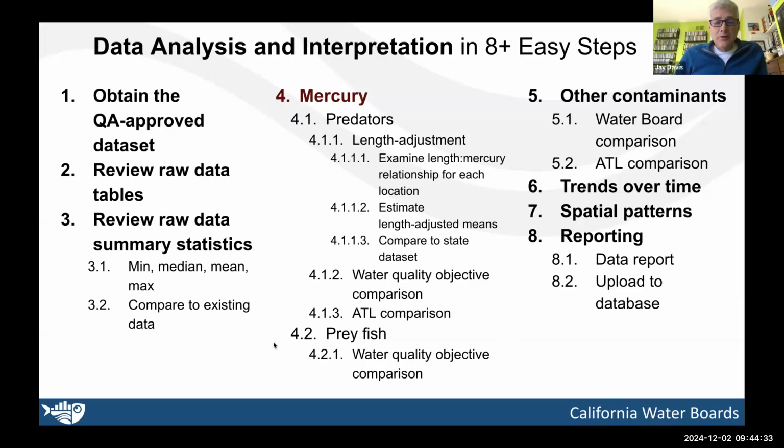Mercury is the bioaccumulative pollutant that's causing the most widespread problems in California, exceeding water quality objectives from the Water Board and advisory tissue levels from OEHHA in water bodies all across the state, fresh water, salt water, estuarine. We've got good tools for understanding mercury, so it's good to understand what we've got there.